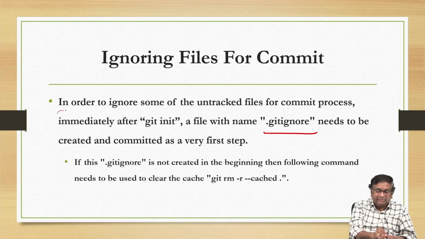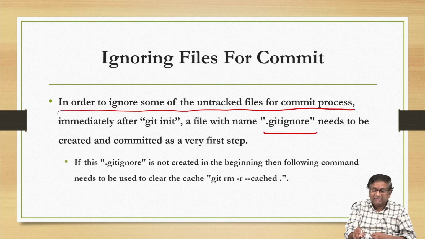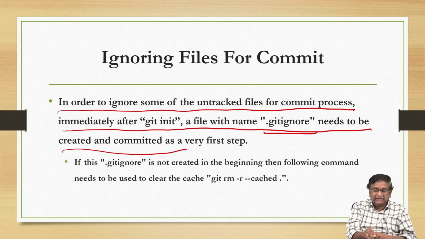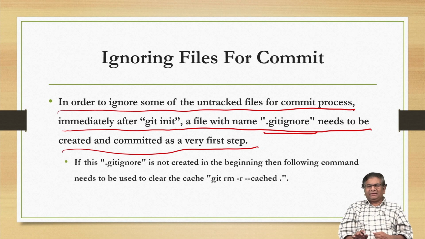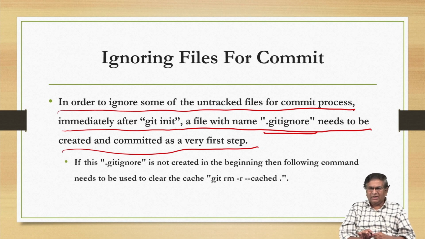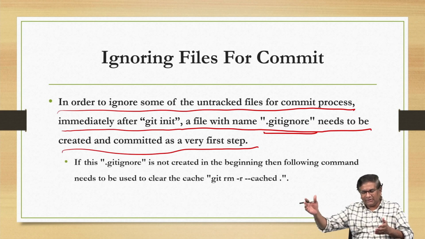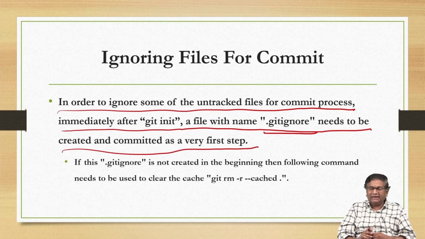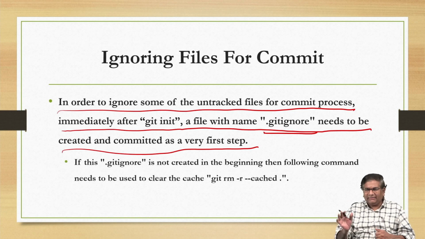In order to ignore some of the untracked files for the commit process, immediately after git init, a file with the name .gitignore needs to be created and committed the very first time. Normally this is a first-time thing that we do. Before we start the project, as soon as the directory is initialized, that means it is attached to the Git repository, we create a file called .gitignore. It doesn't have any further extensions. The name of the file is .gitignore, which is basically a text file.